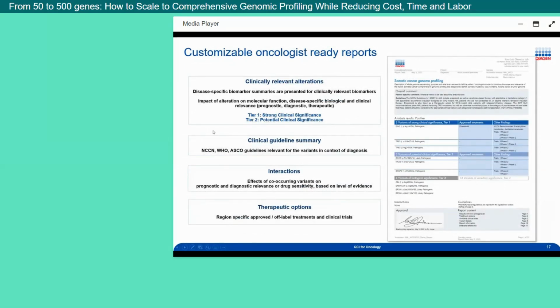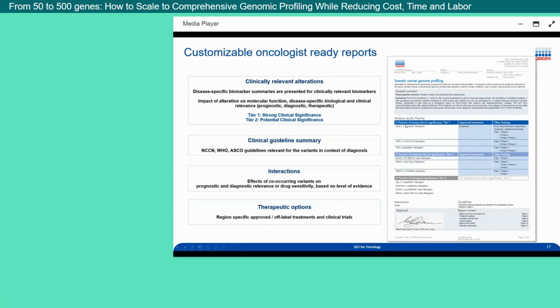And within minutes, you can generate an oncologist-ready report, which provides a comprehensive overview of the patient's molecular profile. The expert, variant, and disease-specific summaries are provided for biologically and clinically relevant variants.